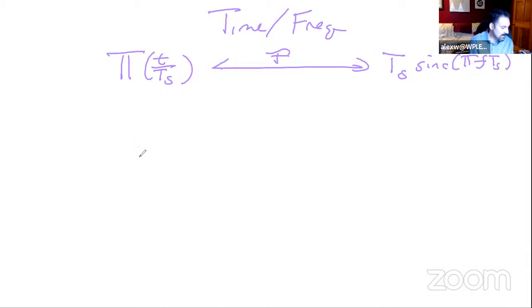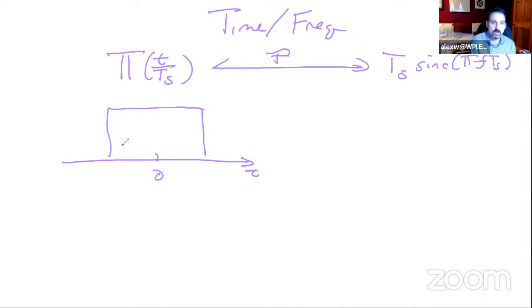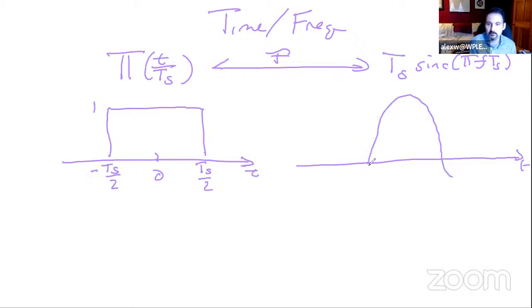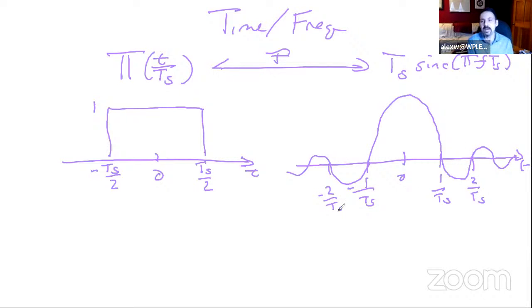So what does that look like? Well, in the time domain, it's going to look like this: 0, unity, minus TS over 2, TS over 2. And this here, folks, is going to look like our friend, the sinc pulse: 0, 1 over TS, 2 over TS, and all the zero crossings, minus 2 over TS. Fantastic, right?